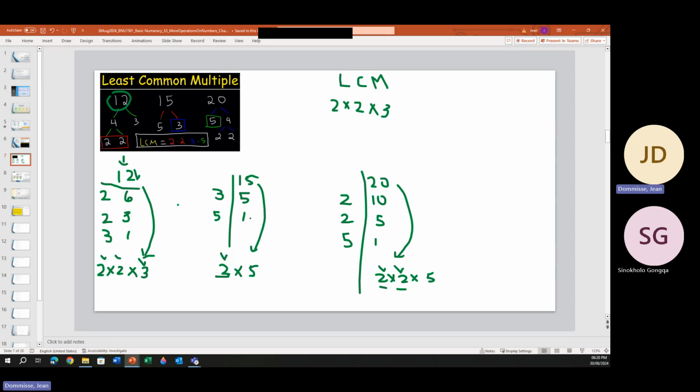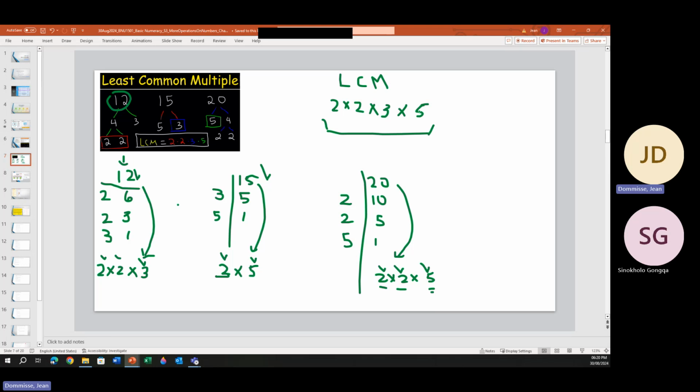When I look at 15, okay, so what's left is a 5. So 15 is done, and in 20, there's one 5, that 5 is represented by that 5 already. So I'm happy that all my factors are now represented by this lowest common multiple.